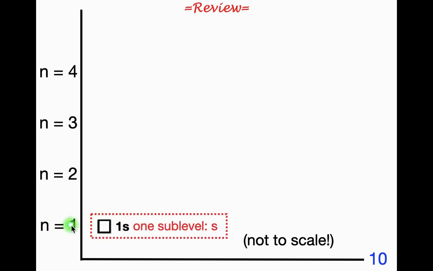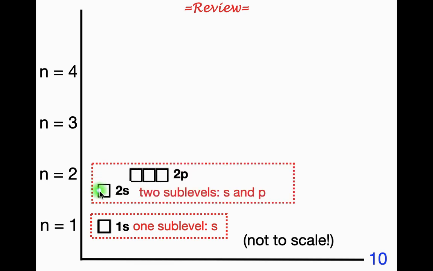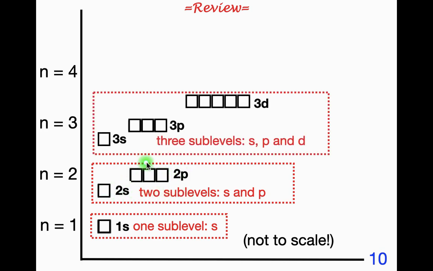So the first energy level has one sublevel called the S. And the S sublevel has one orbital, and we're letting boxes represent the orbitals here instead of those crazy shapes. The second energy level has 2 sublevels, the S and the P. The third energy level has 3 sublevels, the S, the P, and the D. Now notice that the number of orbitals in a sublevel doesn't change for the S, P, and you'll see for the D as well.